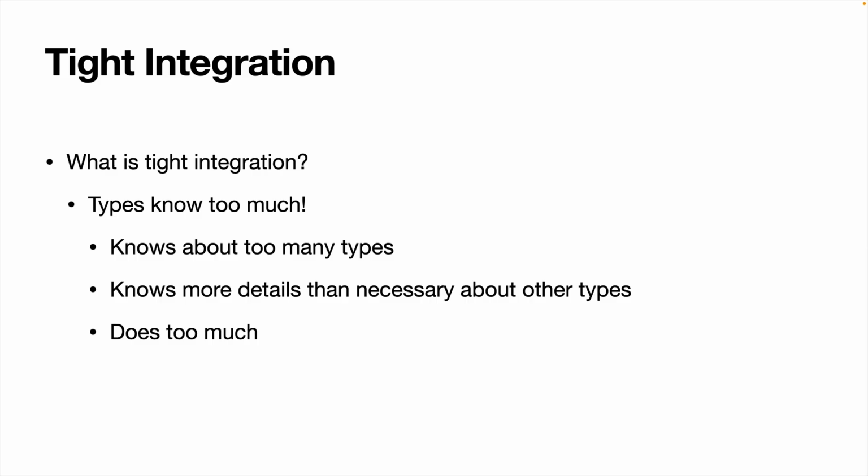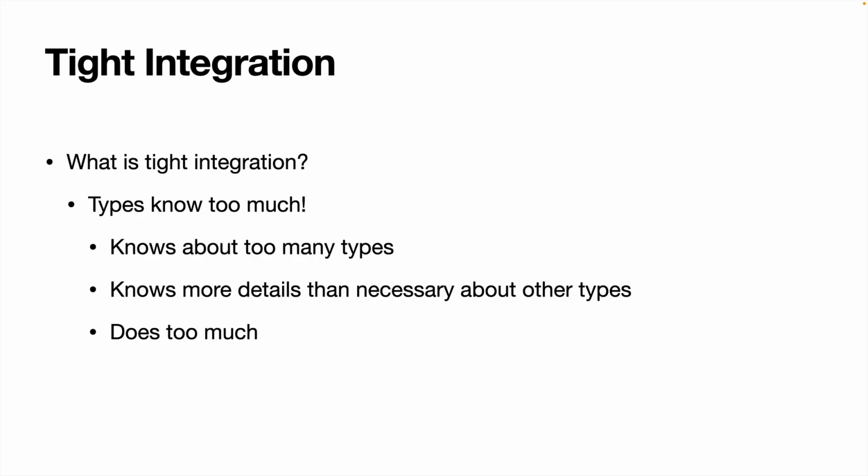So let's talk about the tight integration for a moment. Tight integration is when classes know too much about other classes. If you have been paying attention to Apple's developer conferences over the last 10 years or so, you would see a lot of talk about protocol-oriented development, where you just define protocols, which basically define interfaces, kind of like header files, and you conform your types to those protocols.